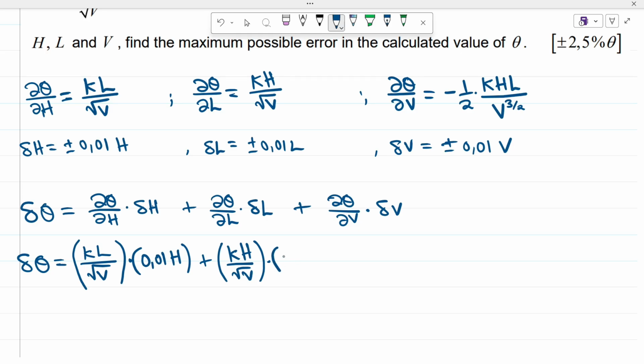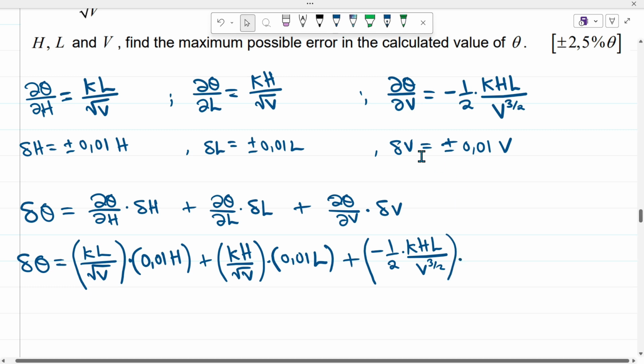So that's going to be plus 0.01 l, and then we say plus again, we substitute the other one, negative 1/2 khl divided by v to the power 3/2, multiplied by our change.